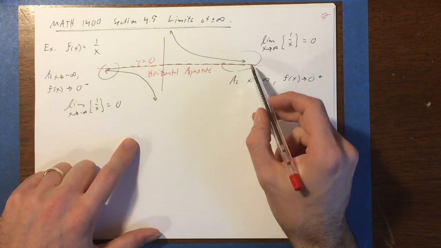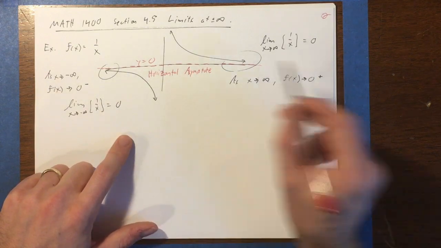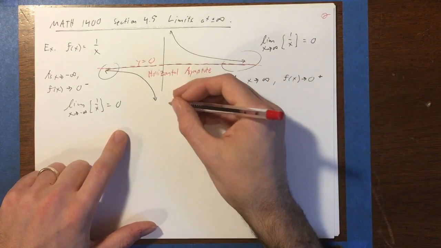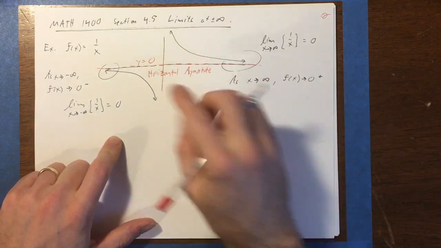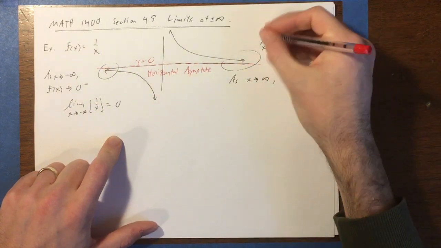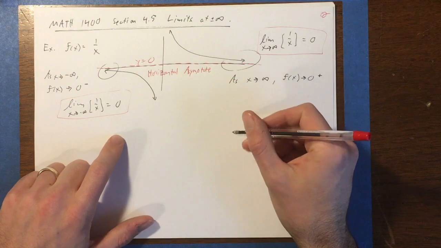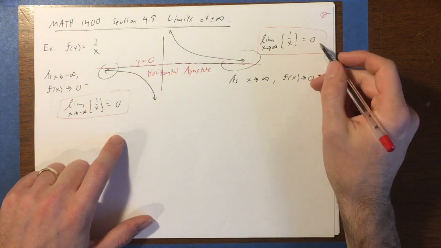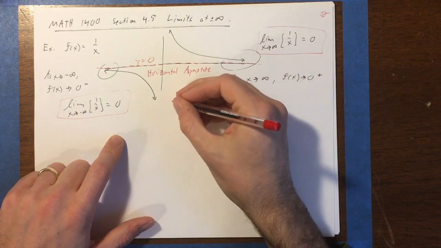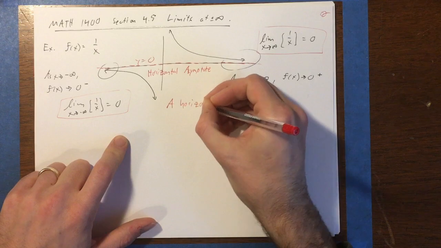And it turns out you can define a horizontal asymptote in terms of limits. Every time you have a finite limit at infinity, like in this situation where the limit is 0 on both sides, you have a horizontal asymptote. So we can take as a definition the following.